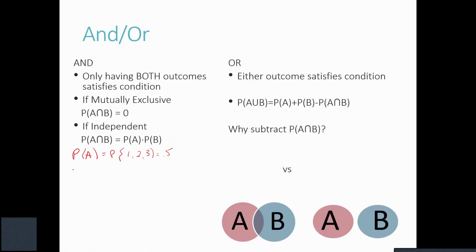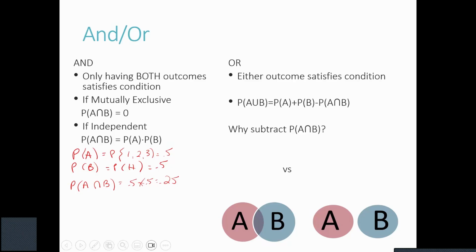And then say we rolled, now let's say we toss a coin. So then the probability of B is going to be the probability of getting a heads. Okay, so what happens on the dice doesn't make any difference to what happens with the coin. And the probability of heads is also 0.5. So the probability of getting a 1, 2, or 3, an A, and getting a heads, okay, is 0.5 times 0.5 equals 0.25.